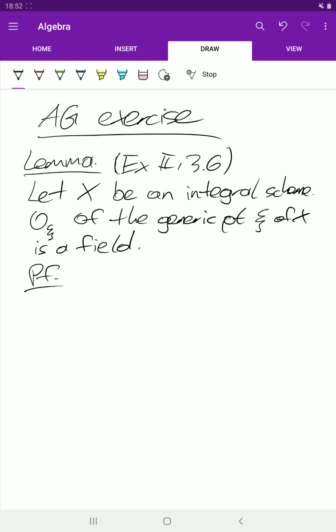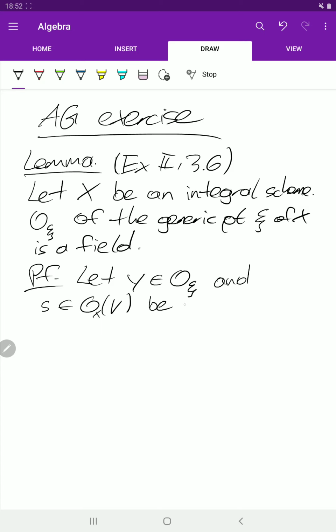So let's take a point in this local ring O_xi, and then let's take a representative of this point. So let's take s in O(V), where with O I mean O_X, the structure sheaf.